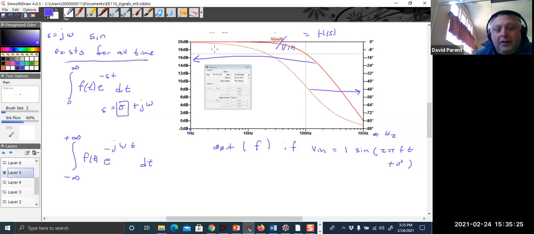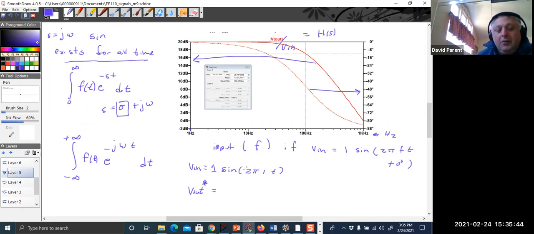So now if V in equals 1 sine 2 pi 1 hertz time, what's V out?